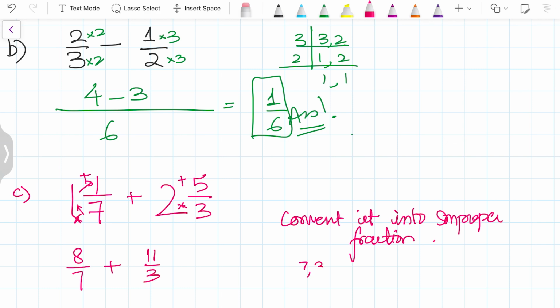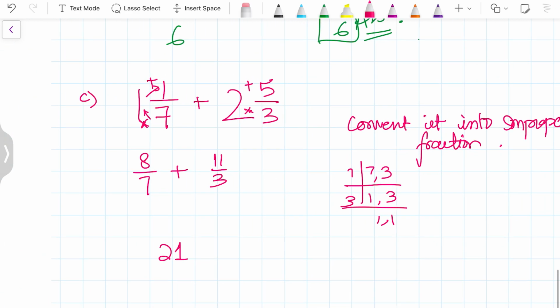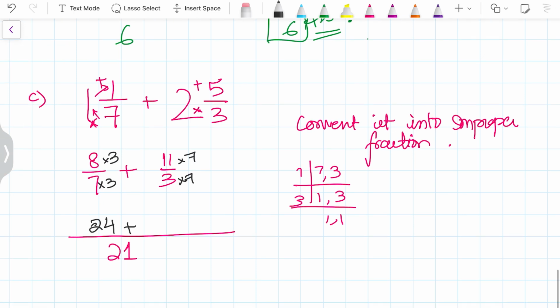Now 7 and 3, the LCM is going to be a 21. Multiply this by 3, multiply this by 7. 8 into 3 is 24 plus 77. So it's 101 upon 21.